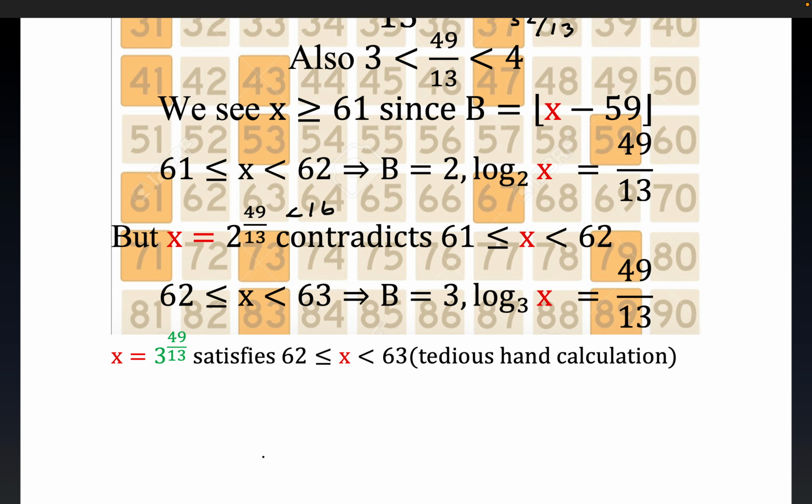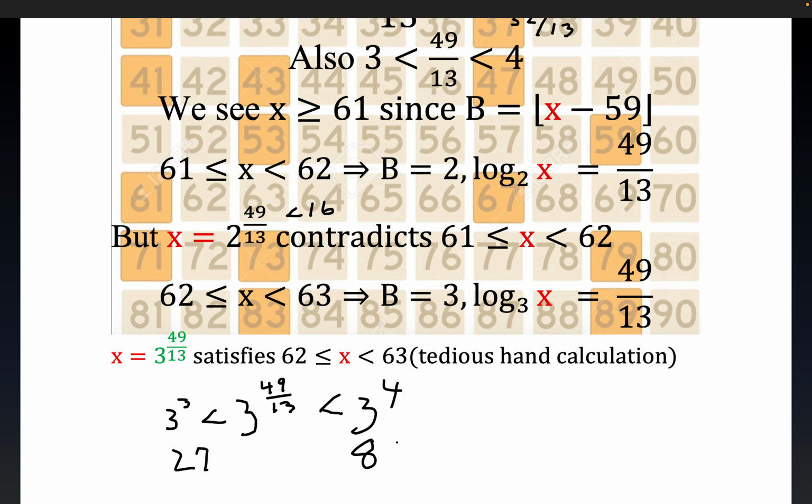Now, we do know that 3 cubed is less than 3 to the 49 over 13, which is less than 3 to the 4th. That's trivial, because this is 27 and this is 81.